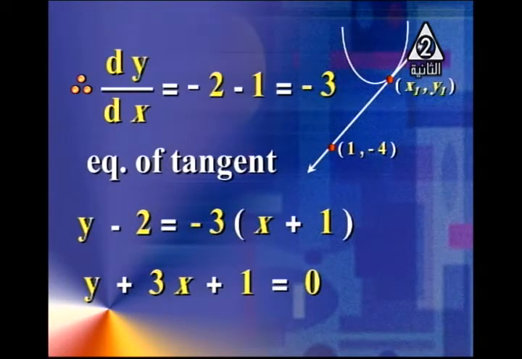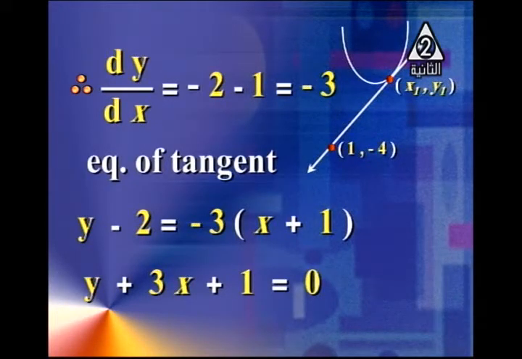By substitution in the equation of the tangent, y minus 2 equals negative 3 multiplied by x plus 1. Then look at the left hand side, y minus 2, and the right hand side, negative 3x minus 3. Then the equation becomes y plus 3x plus 1 equals 0, which is the equation of the tangent.